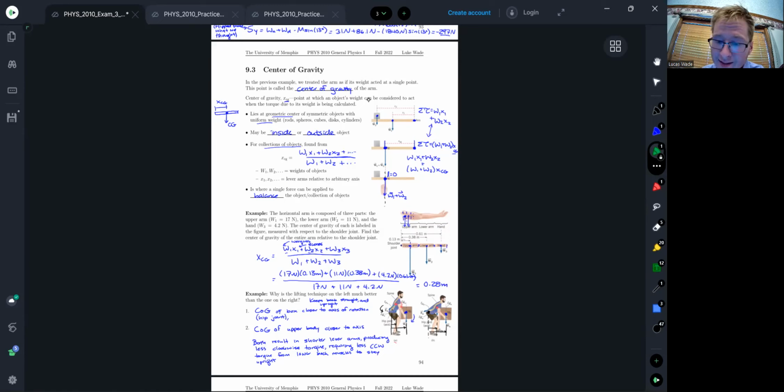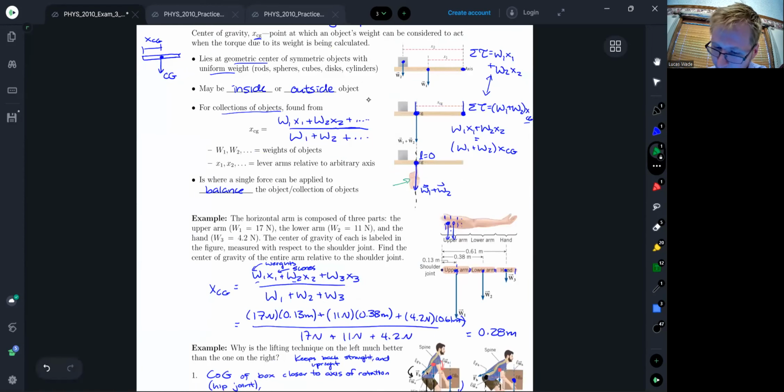But if your axis is the center of gravity, that's where you're supporting this thing, like the hand here, then that force, that weight of the object, acts through the axis of rotation and so produces no torque. That's what balancing an object is, at least if only its weight is acting as a force there.